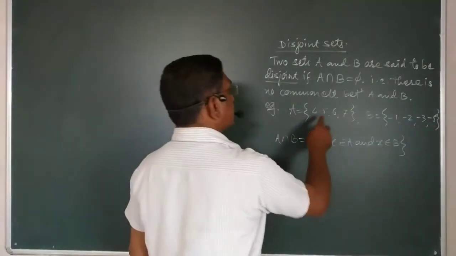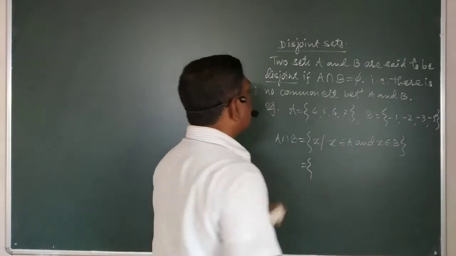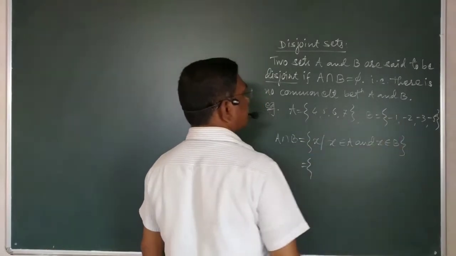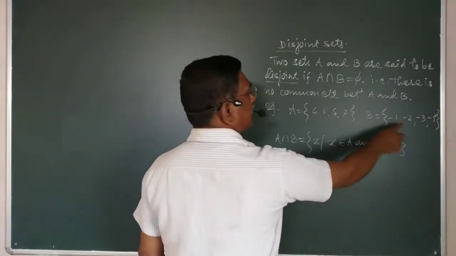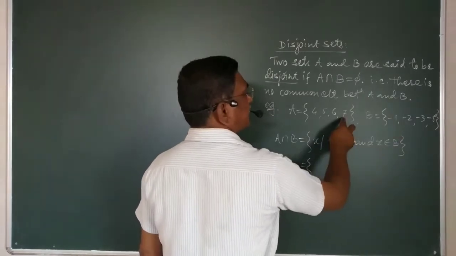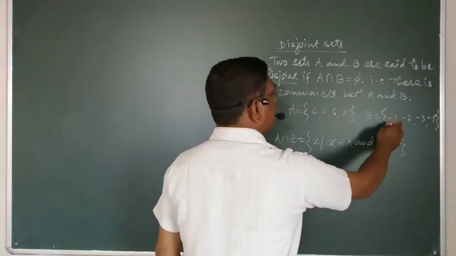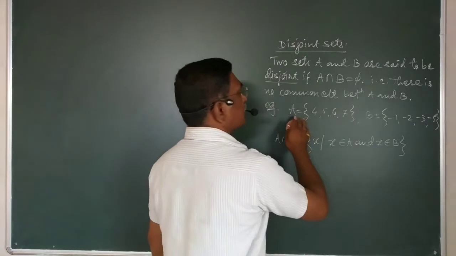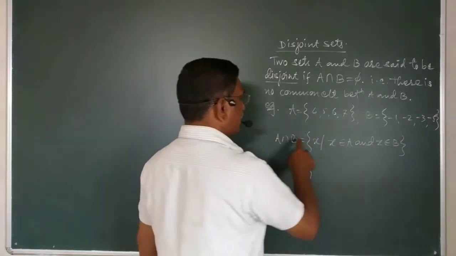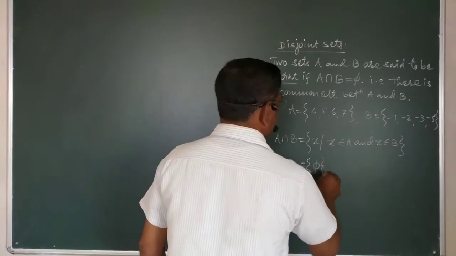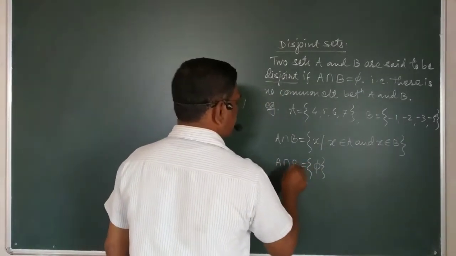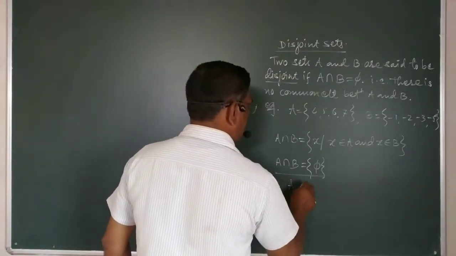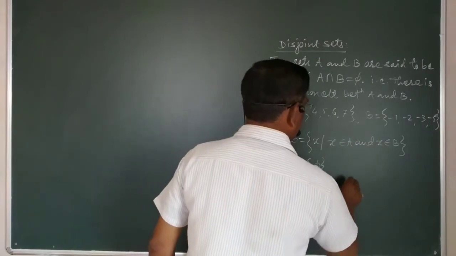Here, 4 is in A, 4 is not in B. 5 is in A, 5 is not in B. 6 is in A, 6 is not in B. 7 is in A, 7 is not in B. Similarly, -1 does not belong to A, -2 does not belong to A, -3 does not belong to A, -5 does not belong to A. And therefore here the set is the empty set. A intersection B is the empty set, and therefore A and B are disjoint sets.